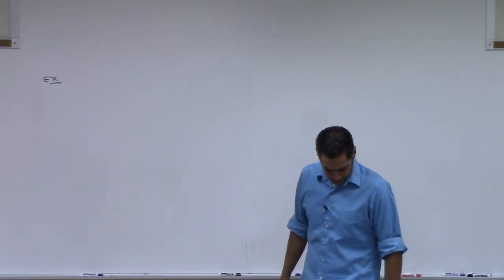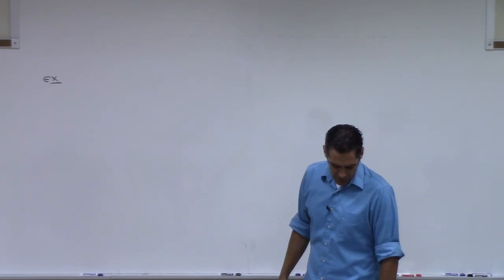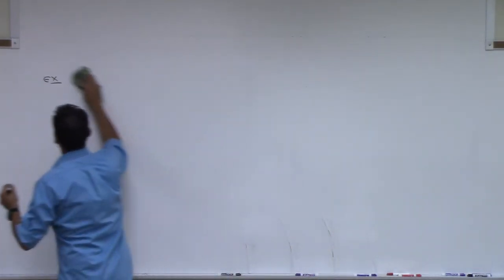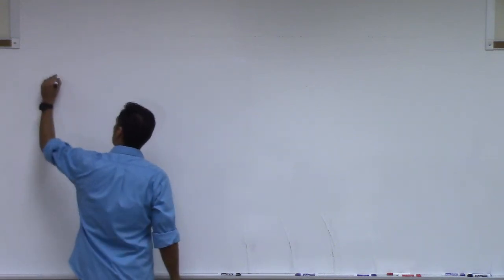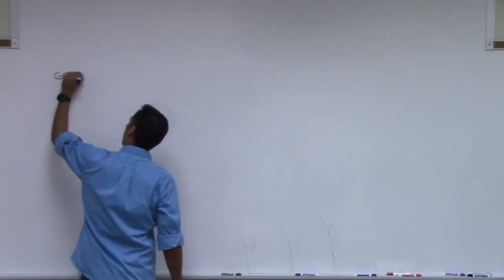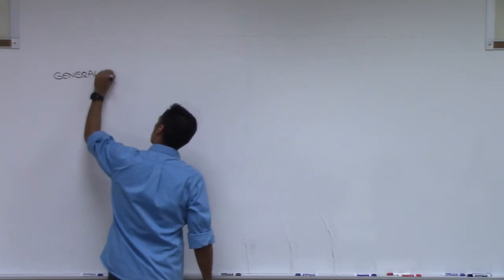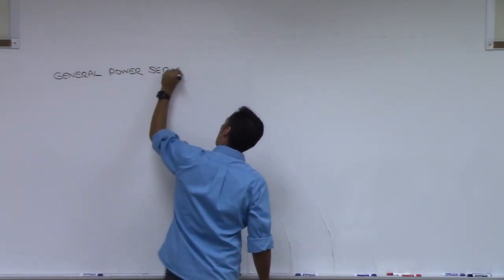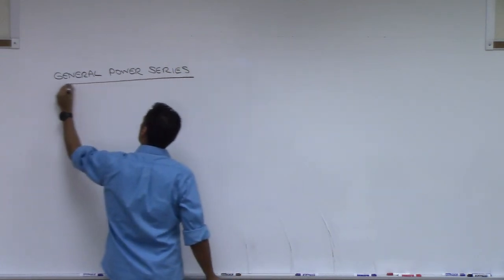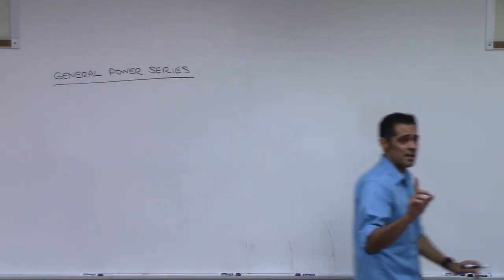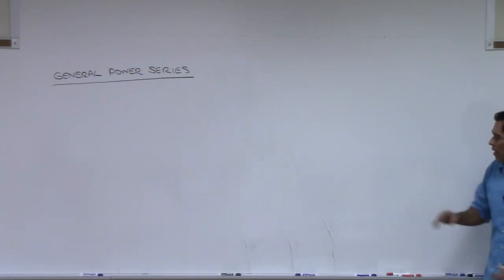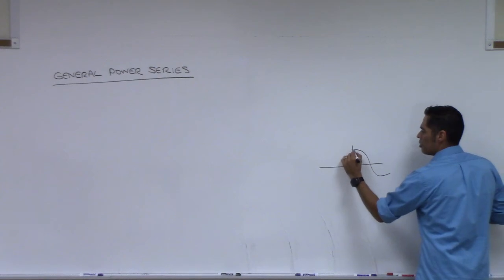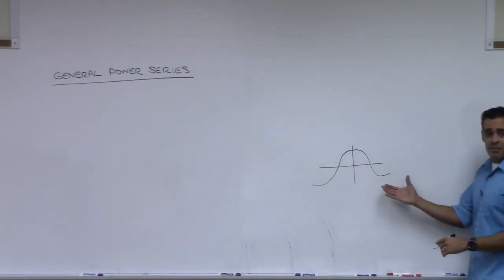Okay, now, just as you start to try and wrap your head around that a little bit, we are now going to define a general power series. Let me try and motivate this idea a little bit. You know how when I started this out, I said, hey, everyone, let's graph the cosine function and let's approximate it.